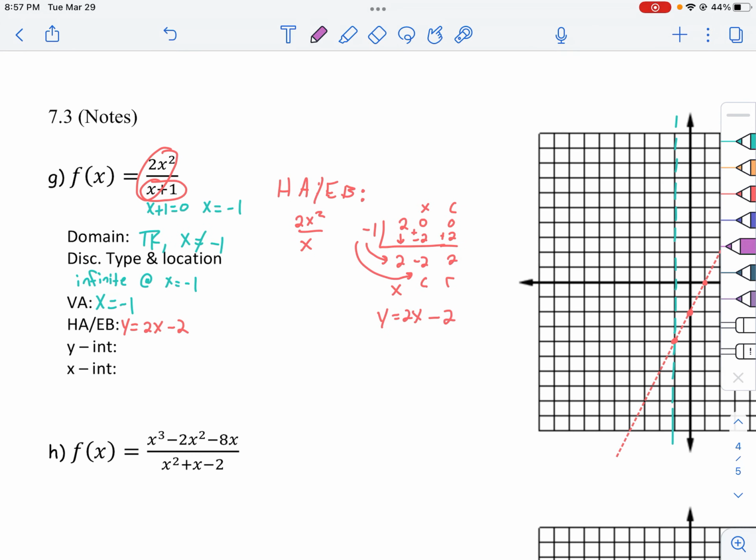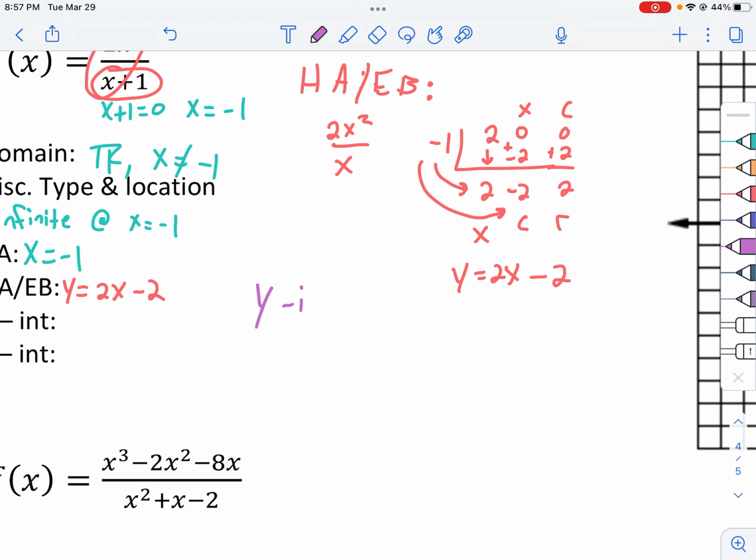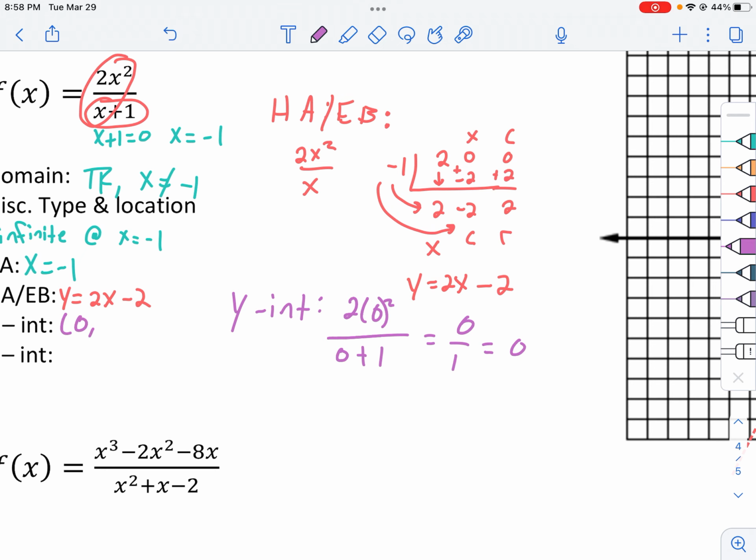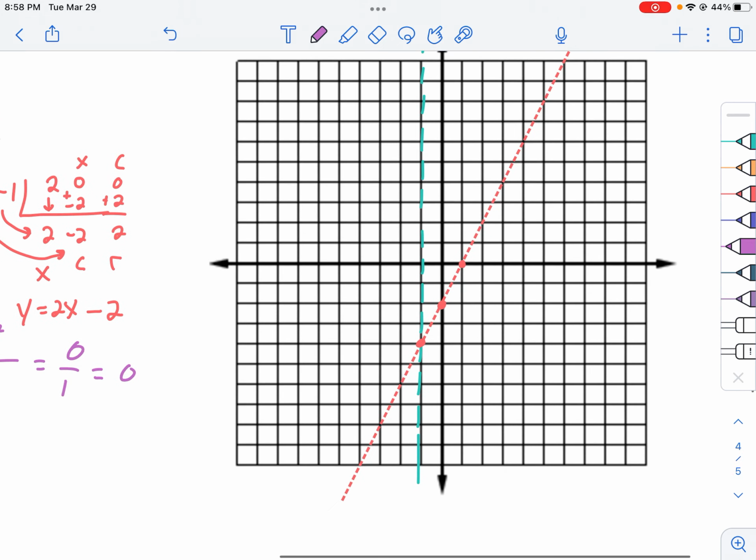And now we can find the intercepts. The y-intercept comes when we plug in 0 for x. So that's 2 times 0 squared, divided by 0 plus 1, which is 0 over 1, which is 0. So (0, 0).